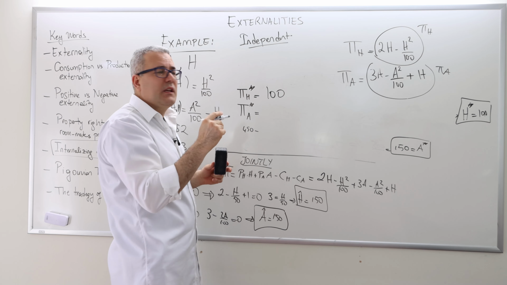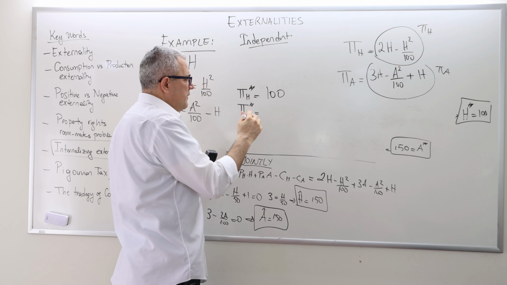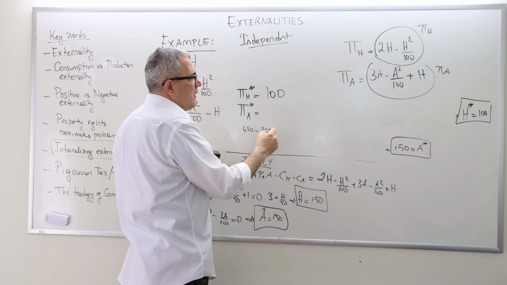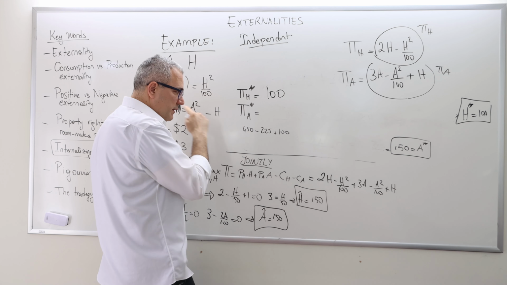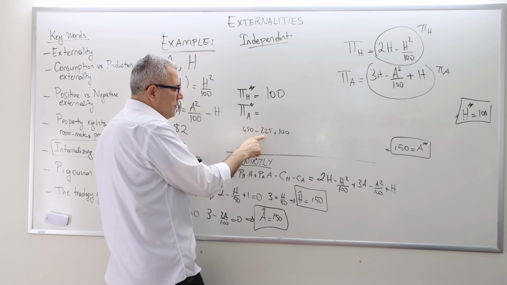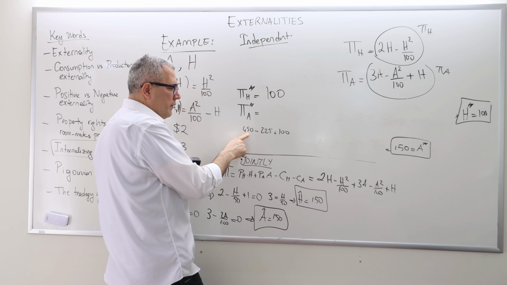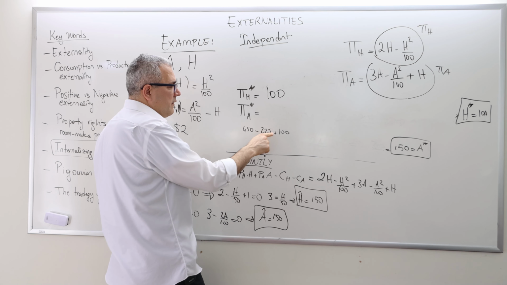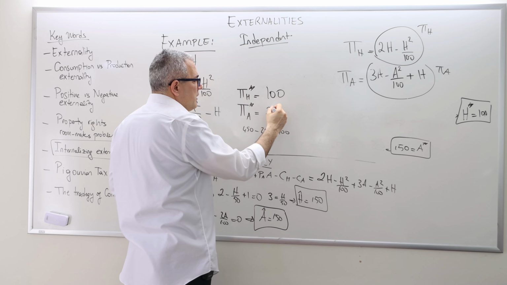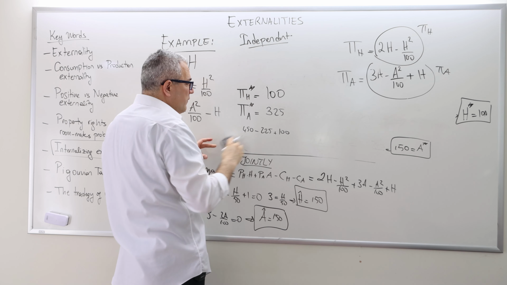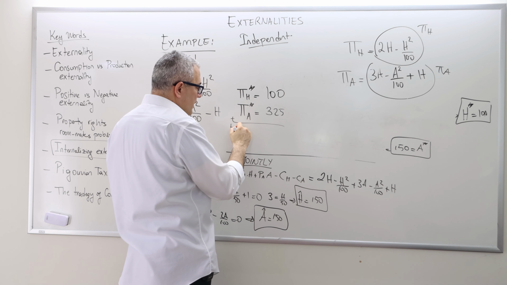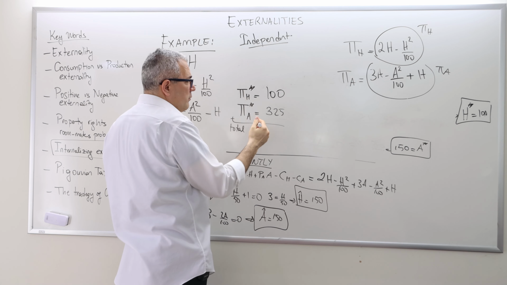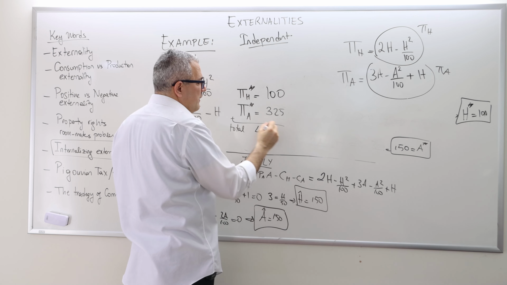So it's basically 15 times 15, 225, plus h, which is 100. By the way, 225 is half of 450. So this is 225 plus 100, 325. So therefore, the total profit, although these are independent firms, is $425.